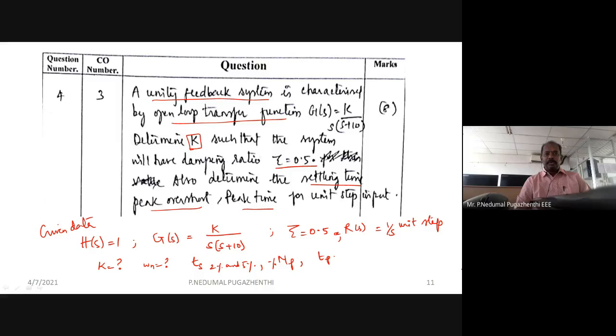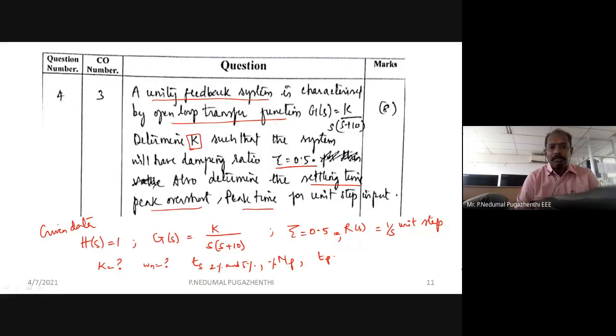Unit step input is also provided, so R of s is equal to 1 by s. They are asking you to find the gain k in the transfer function, and thereby find the settling time, peak overshoot, and peak time. Any doubts up to this point? Someone can unmute and say no doubt.